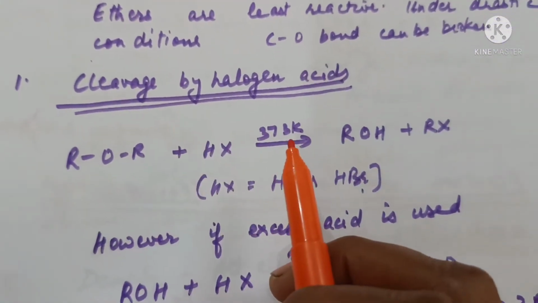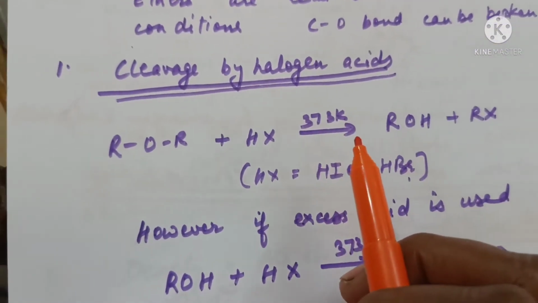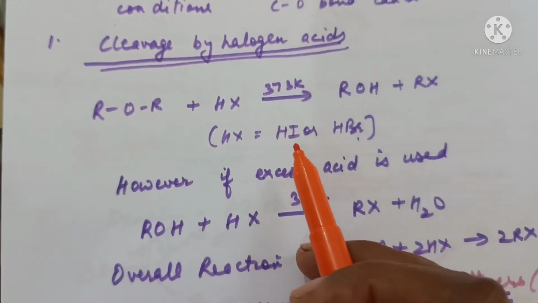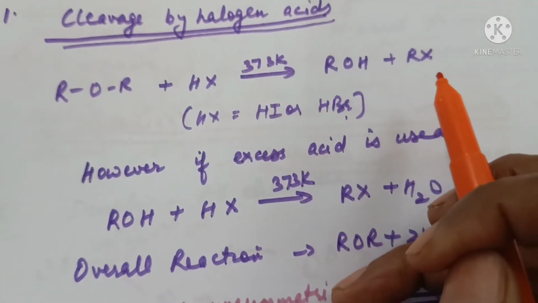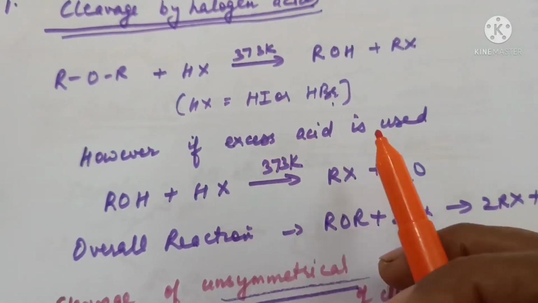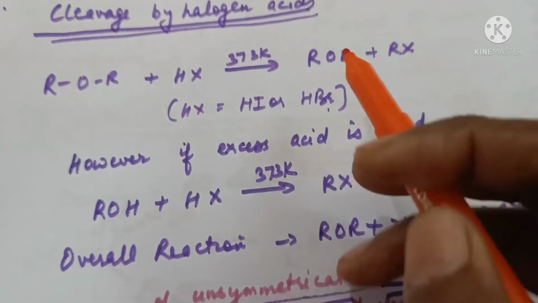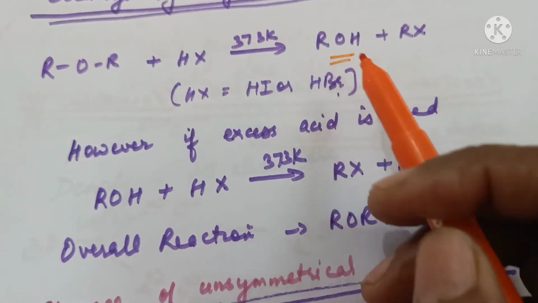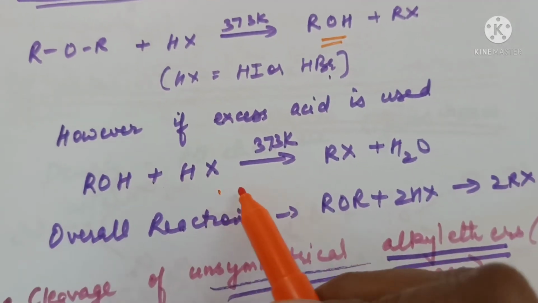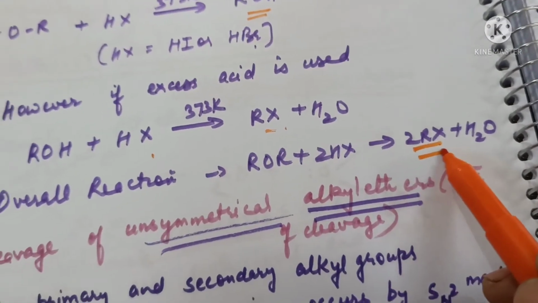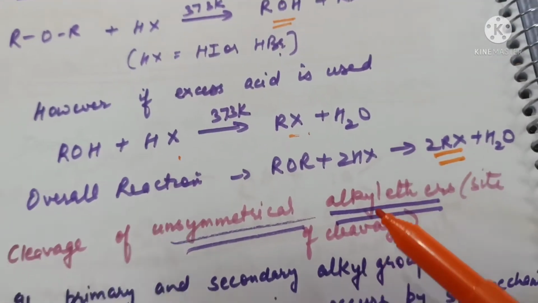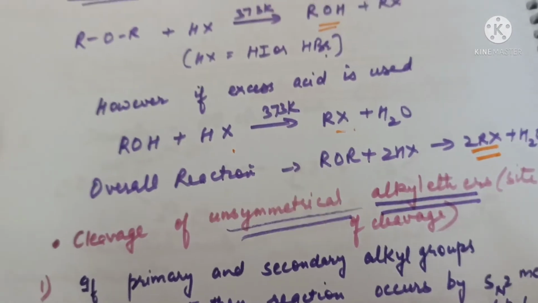This occurs at a temperature of 373 Kelvin, and the halogen acid used can be HI or HBr to form alcohol and alkyl halide. If excess acid is used, then the alcohol that is formed reacts with the excess acid to form alkyl halide. So alkyl halide is the only product in excess of halogen acid.